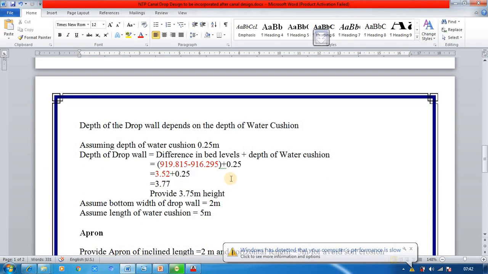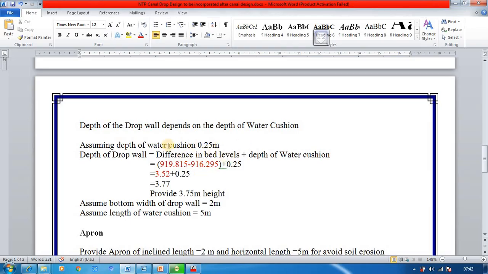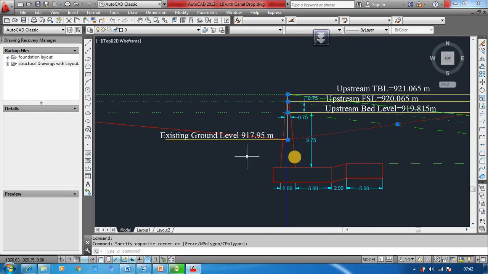In the depth of the wall, okay, the depth of the wall depends upon the ground level as well as the water cushion. Water cushion is nothing but when the water is falling, you need to have some minimum amount of water, so that the energy gets dissipated.